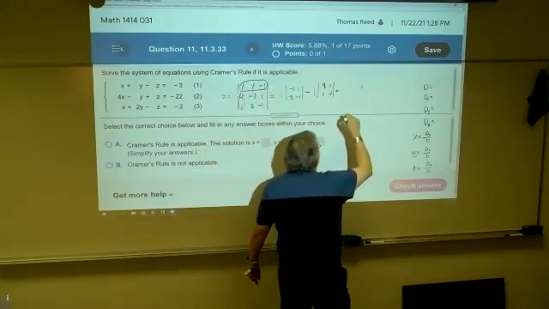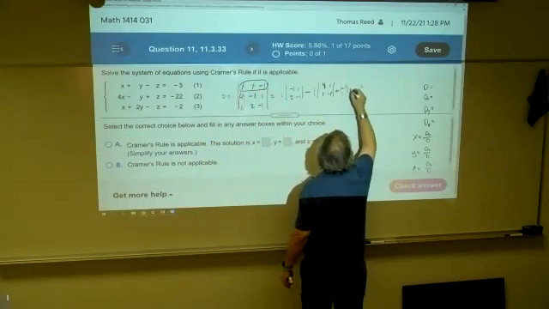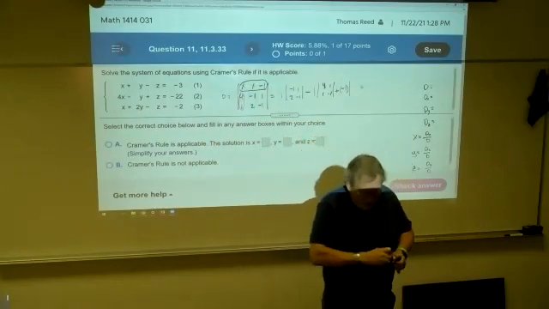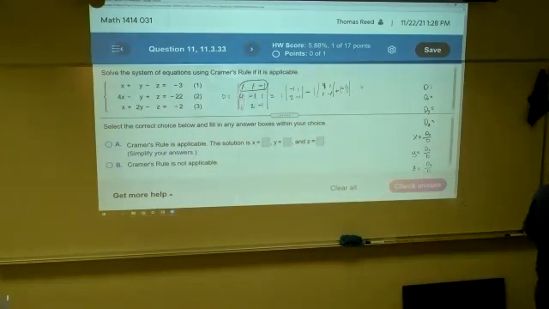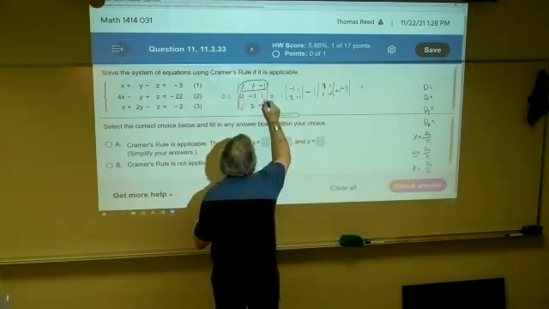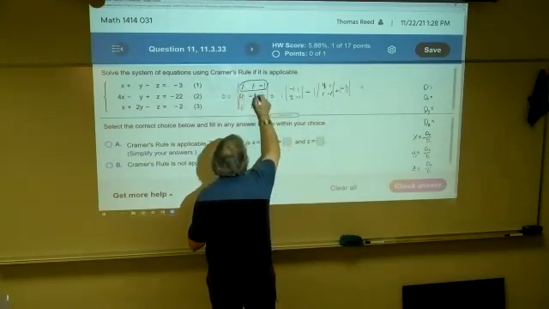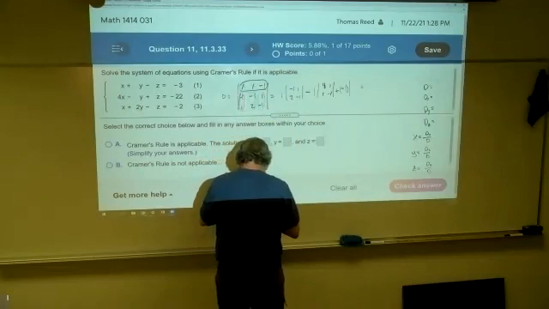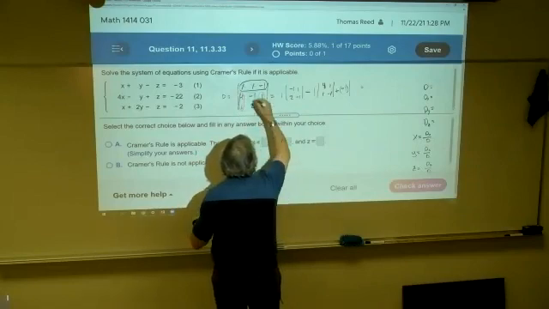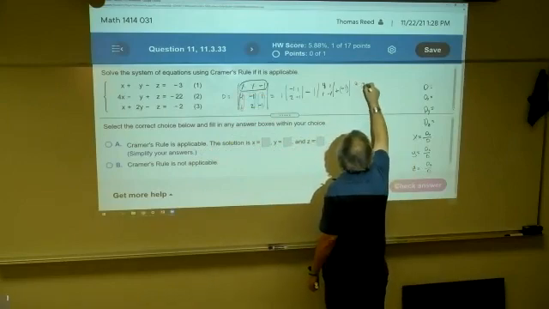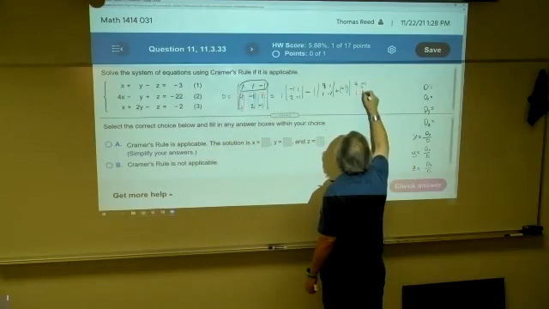So I'm going to add -1 times the determinant, and now I'm going to ignore this row, and so the remaining 4 are the 4, the -1, the 1, and the 2.